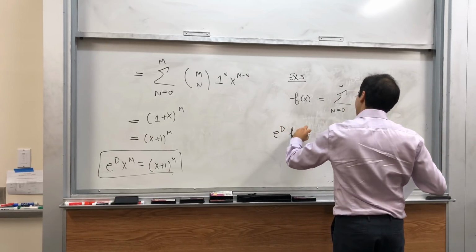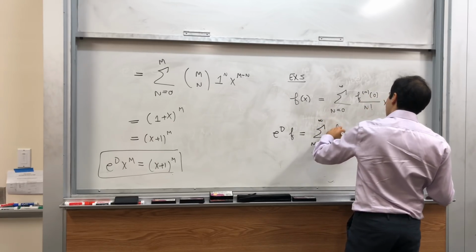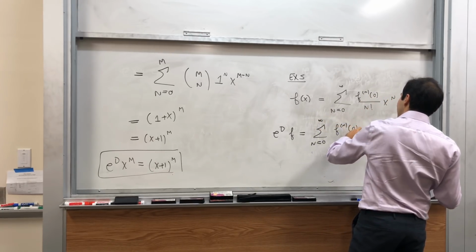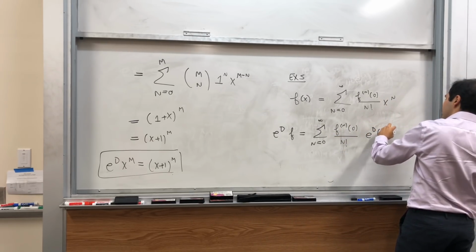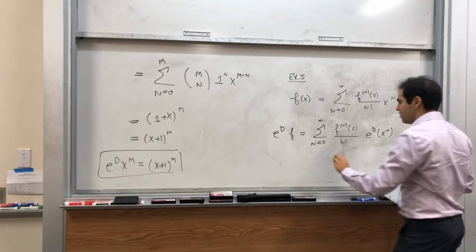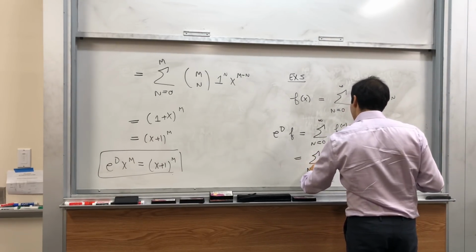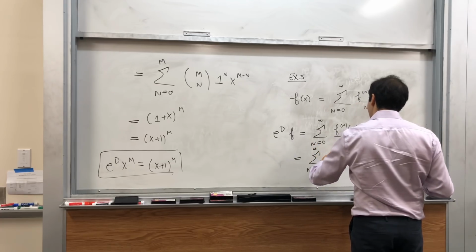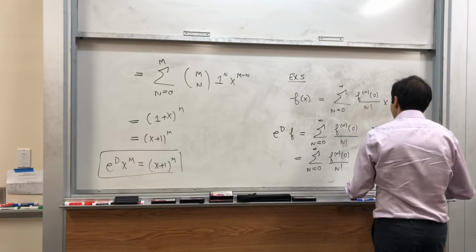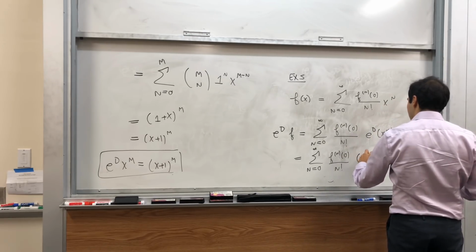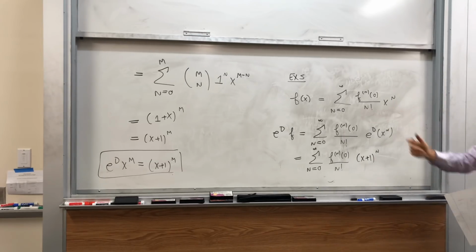So e to the d of f becomes the sum from 0 to infinity of f^(n)(0) over n factorial, e to the d, x to the n. And that's the sum from 0 to infinity of f^(n)(0) over n factorial of x plus 1 to the n, by what we just showed.